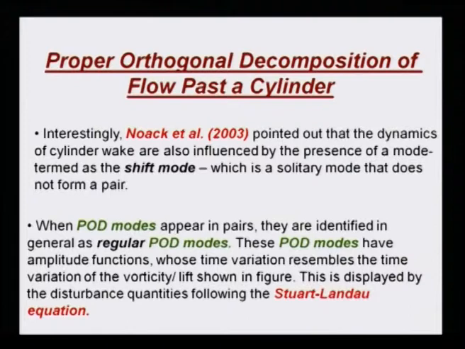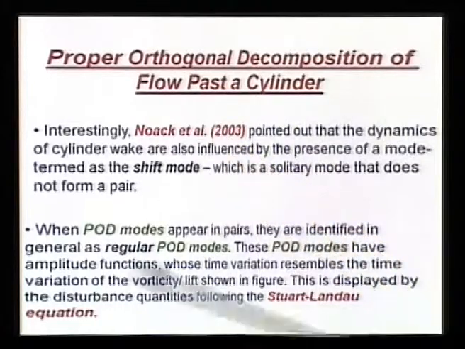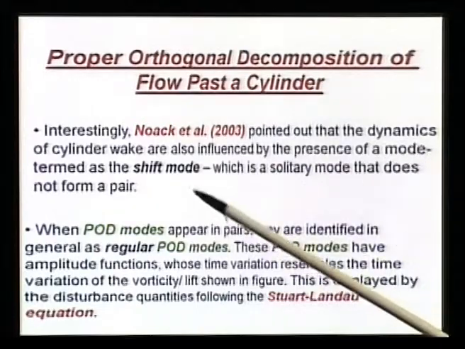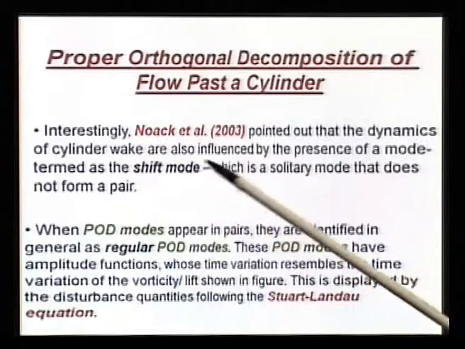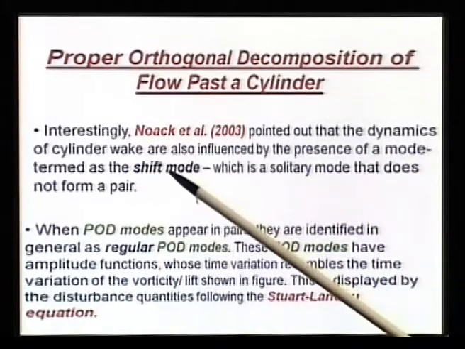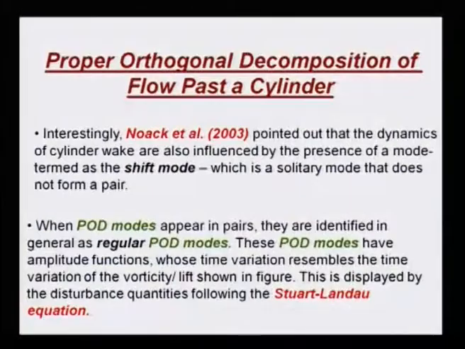And this is what I've been telling you, that Noack et al. were the first to deviate from the earlier work on POD by stating that the dynamics of the wake is determined by the presence of a mode, shift mode, which is a solitary mode, does not form pair.